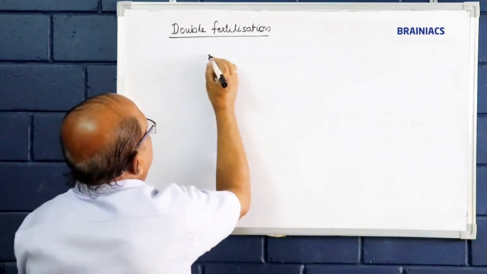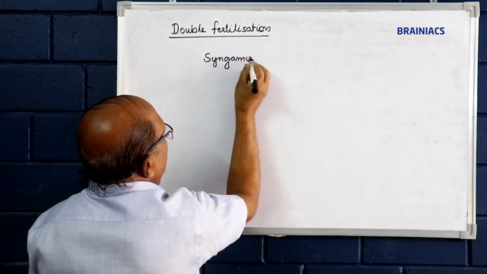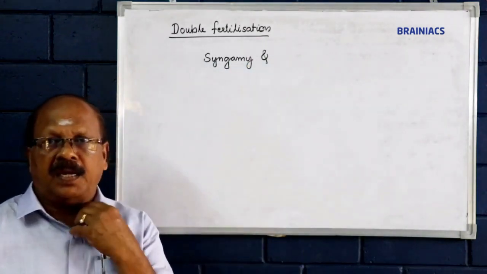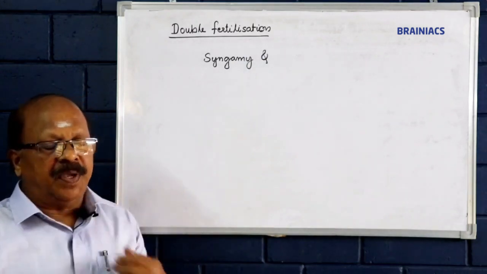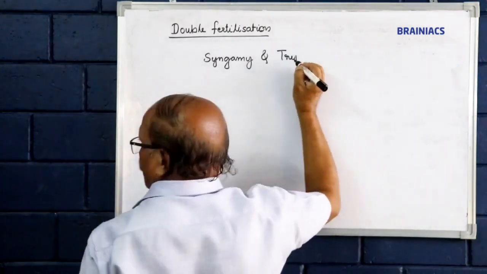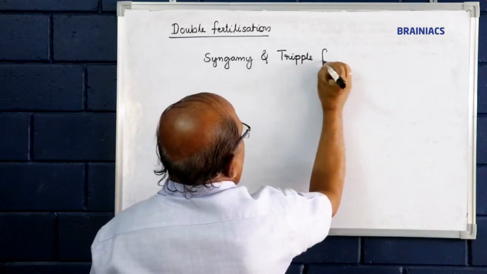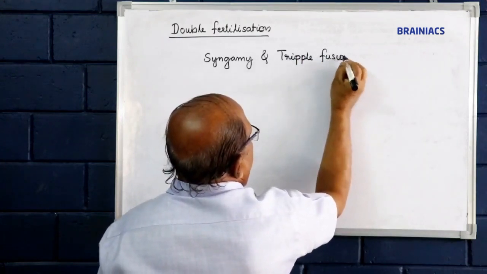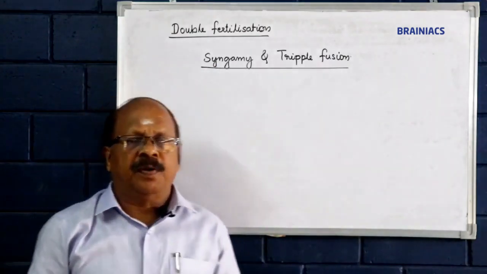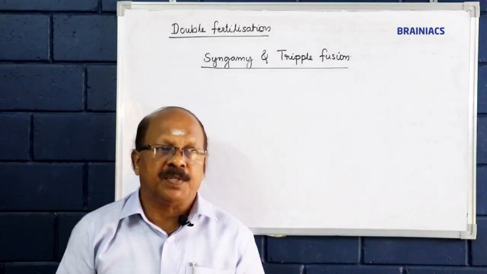It involves syngamy and triple fusion. An important characteristic feature of angiosperm plants: double fertilization and triple fusion.